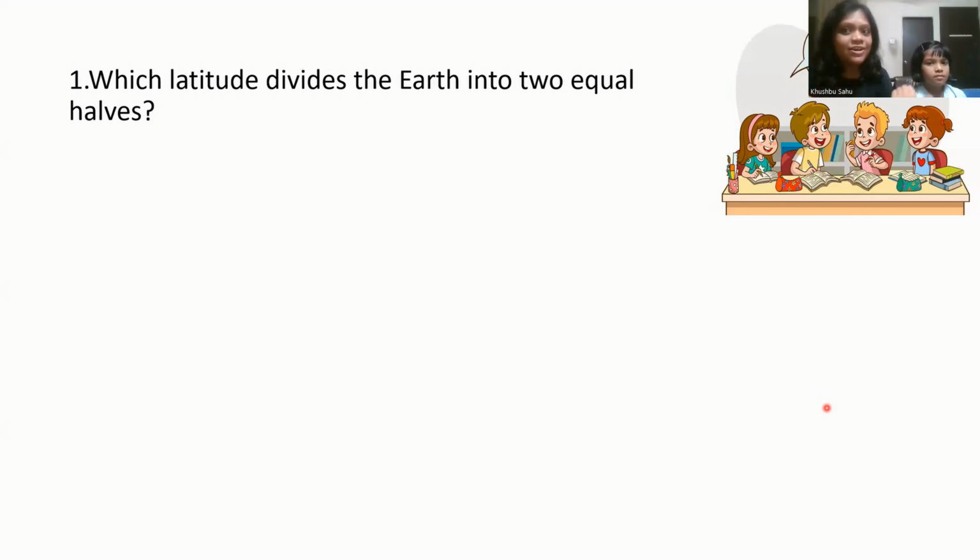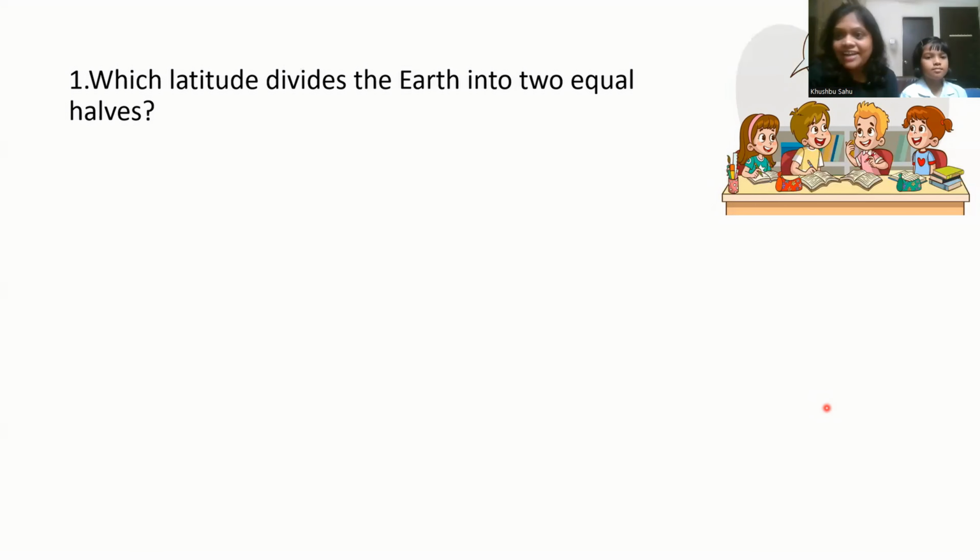So what did we learn today? First thing, what is an equator? So equator is an imaginary line which divides the Earth's surface into two equal halves. What are those? Northern hemisphere and southern hemisphere. Now next, what did we learn today, Advika? Apart from equator? We learned about the latitudes.